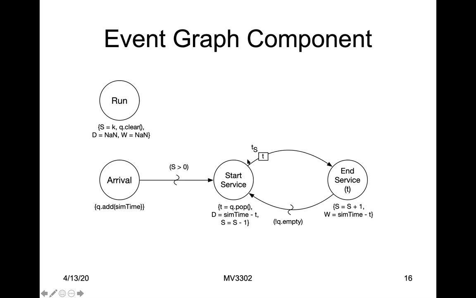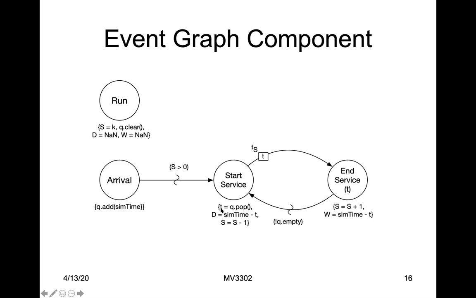Okay, so that's the same as before, but notice we are taking this local variable that we popped off our container and we are now passing it as a parameter to the end service. So remember, T over here in the start service was a local variable that represented the time that the customer who started service arrived, the customer who's associated with this start service event.